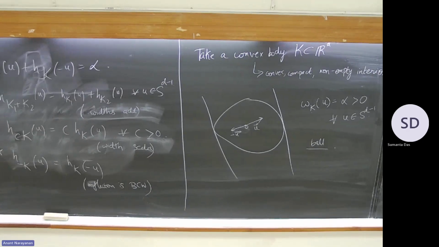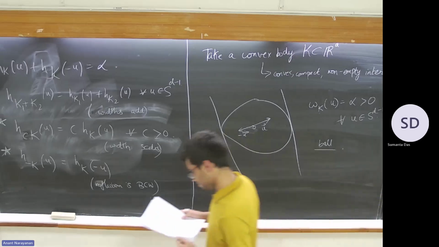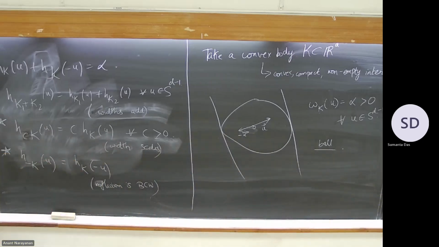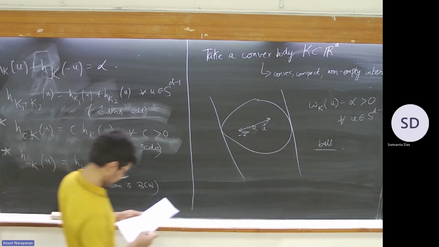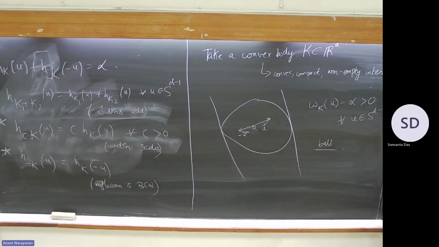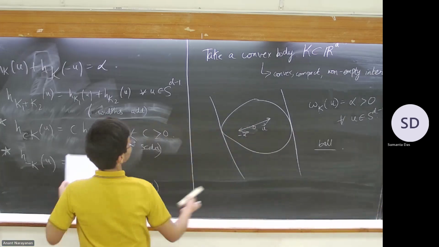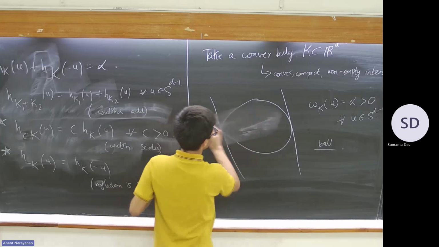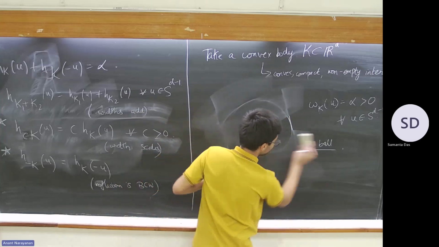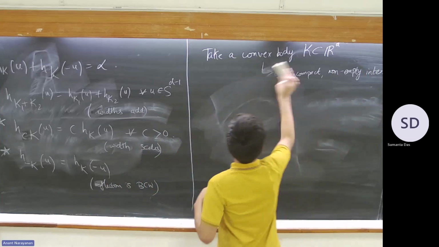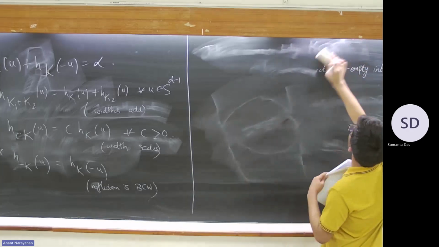then automatically being of constant width means it is a ball. Exactly what I was about to say. If you have a centrally symmetric body of constant width, it is precisely a ball.